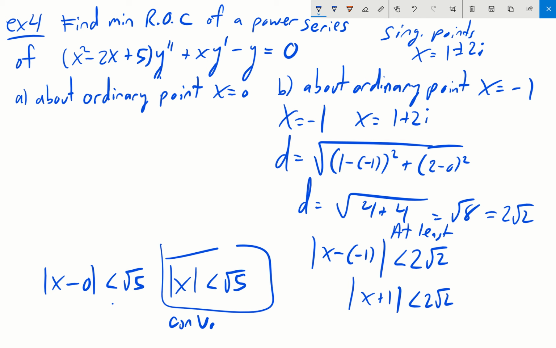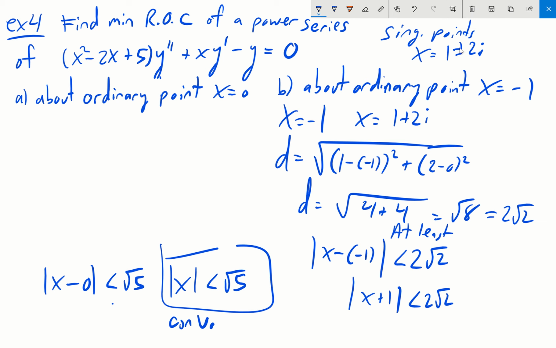So that's one of the things that we know in terms of at least getting a minimum radius of convergence for these. It can be shown if we were to actually go through and find the power series solution for this differential equation, that about one of the ordinary points you would actually have an infinite radius of convergence, but at the very minimum we know we do get a minimum radius of convergence from this last theorem.